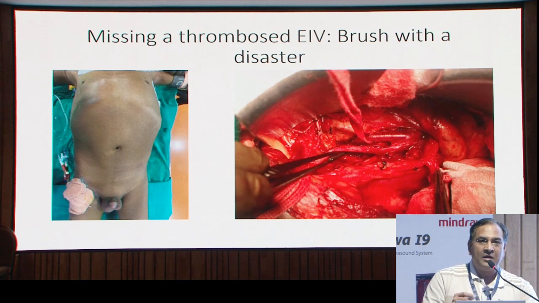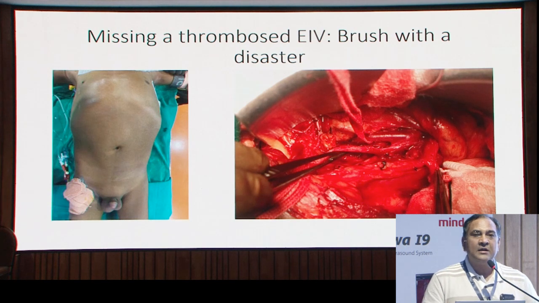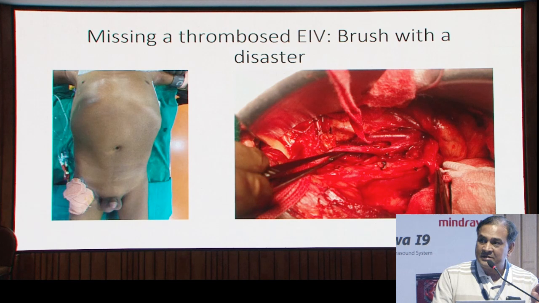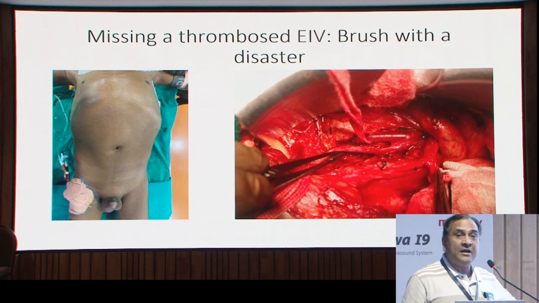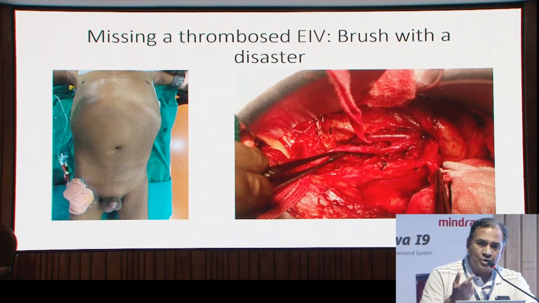Similarly, recently we had a brush with a disaster. This is a 12-year-old, 20 kg child who had no other dialysis access. So he was being dialyzed through a femoral vein permacath. It is really a horrible thing to do, but that nephrologist or that child had probably no choice.